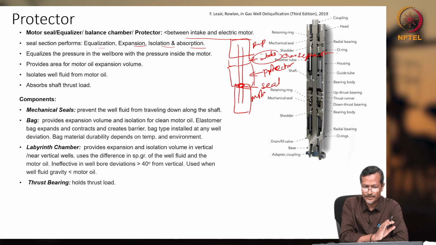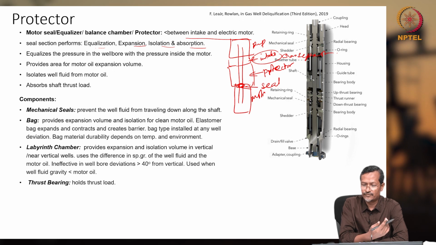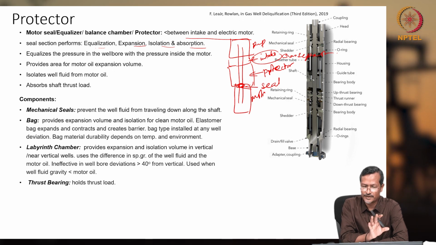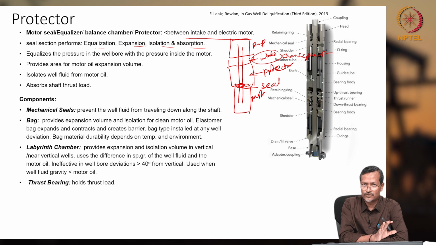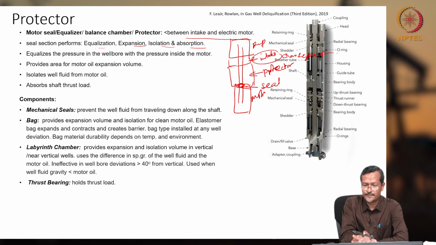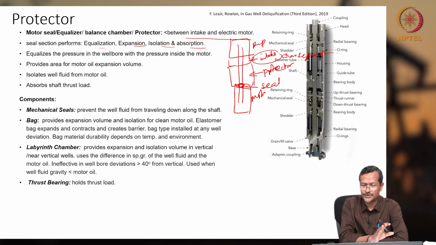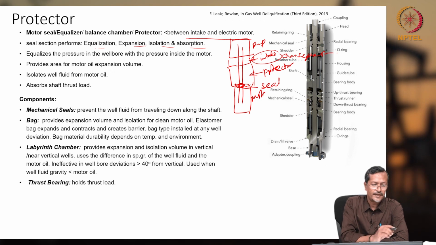Equalization means pressure equalization. Expansion means if fluid gets expanded, it will capture it. Isolation means it isolates wellbore fluid from your motor fluid. Absorption means it absorbs extra pressure or extra load.